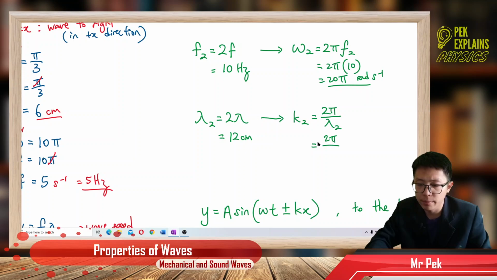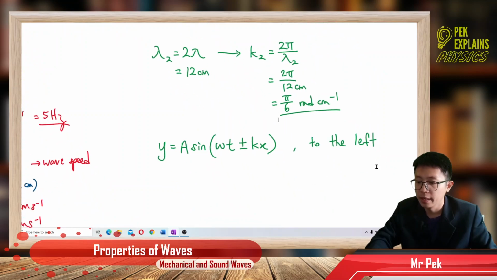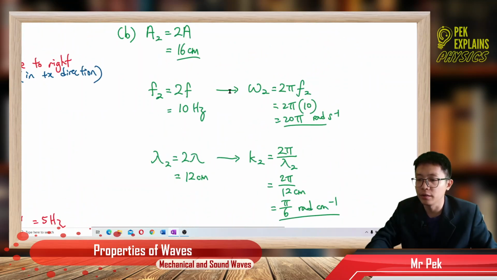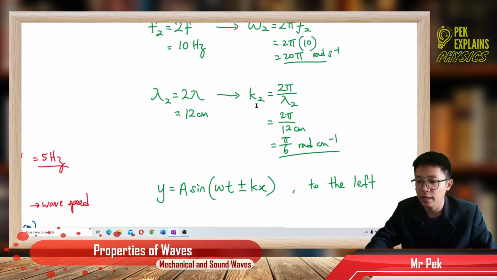My new wave number is 2 pi divided by 12 cm. So it becomes pi over 6 radian per cm. You see the unit is per cm. Now I already got all my amplitude, omega, and k.